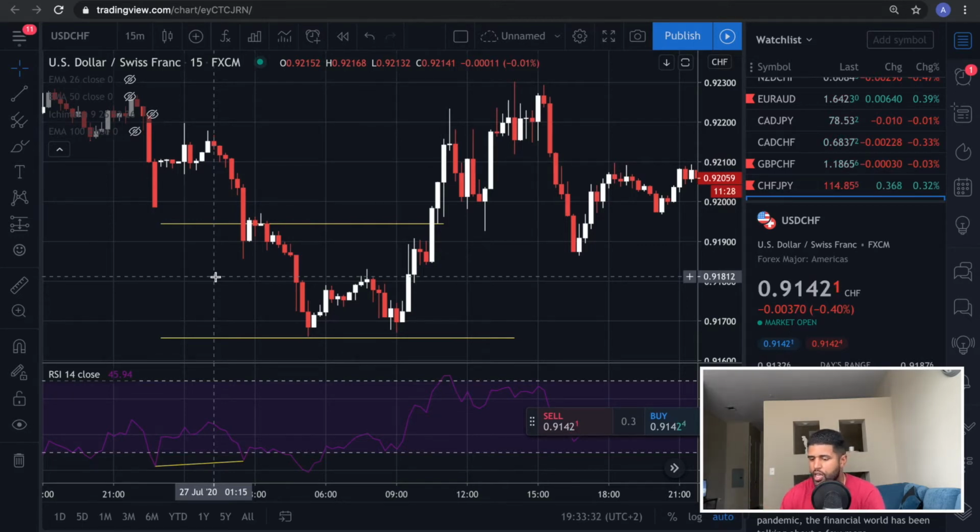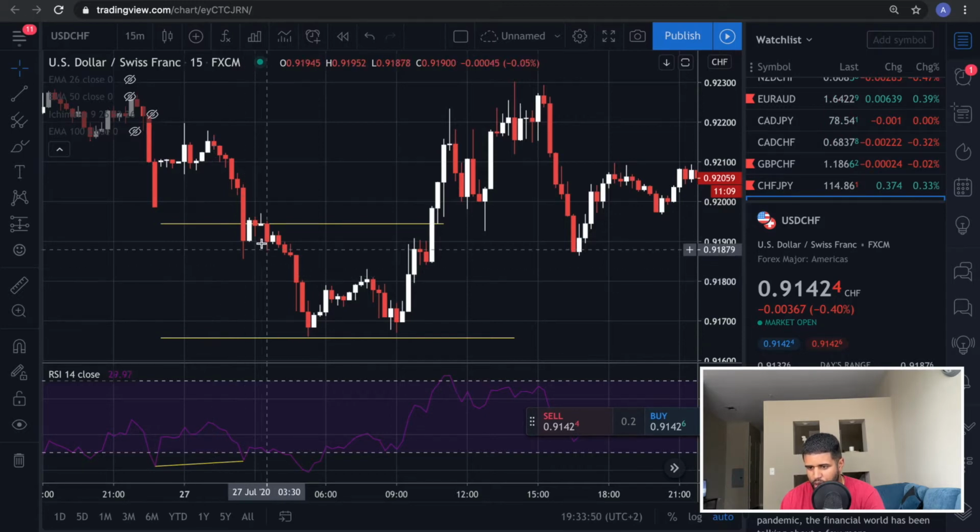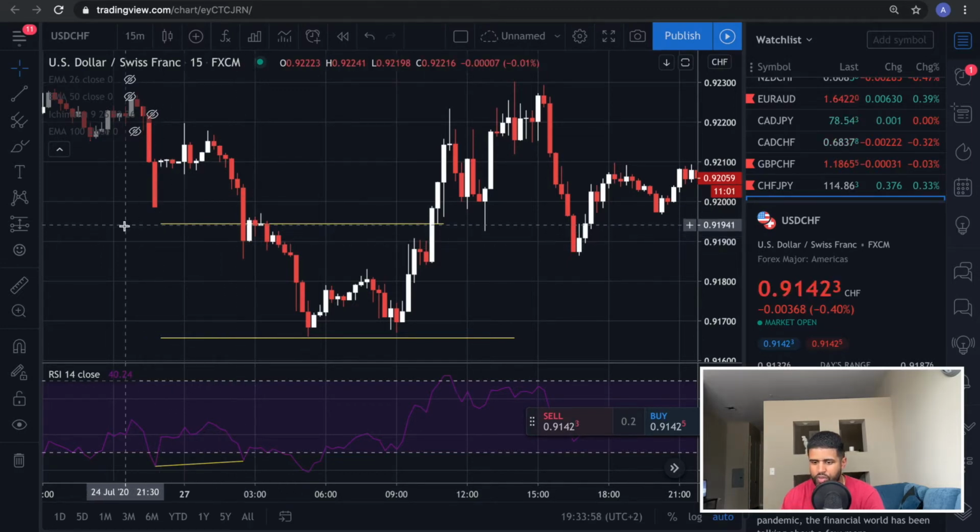So basically, once this happens, my strategy works 80 to 90% of the time, and you could catch at least 10 to 20 pips off of this. Once I saw that it didn't consolidate right here, on the 15-minute chart, and I saw the divergence happen, I also have a divergence bot that works for me.